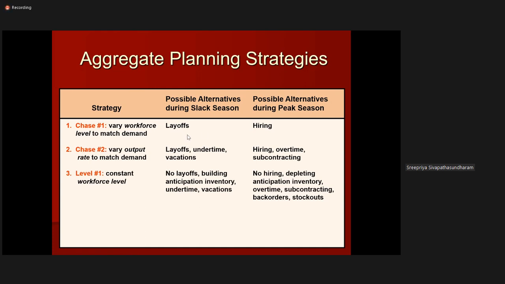Back order cost is that when customers place orders and we don't have items in the inventory to supply them immediately, the customer will be waiting until the order is supplied.